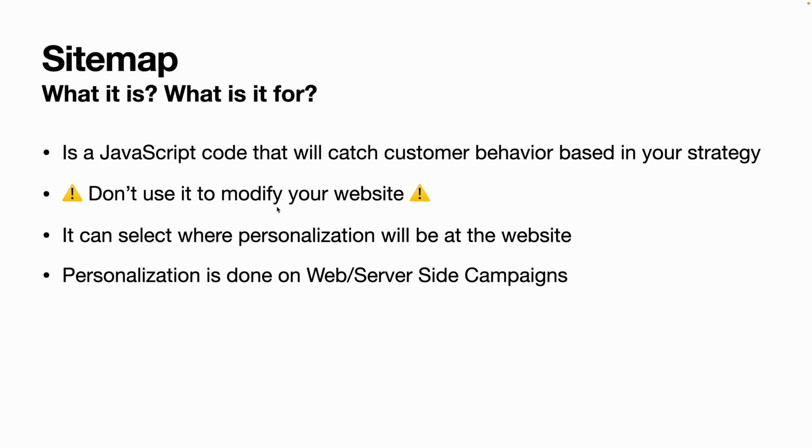The maximum you can do is select where the personalization will be. For that, you need a little knowledge of CSS selectors, but never modify your website using the sitemap by itself. You have to do it with web and server-side campaigns, which you can see in other videos.